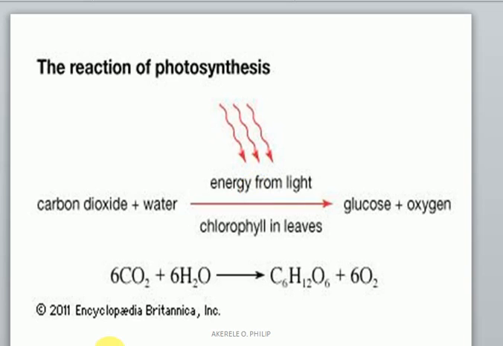Let me be a little bit ahead to say some few things. From this reaction, oxygen is generated.